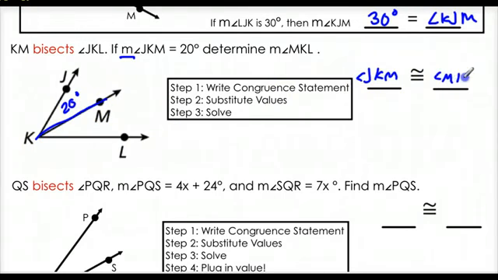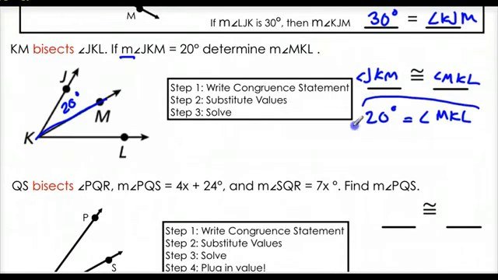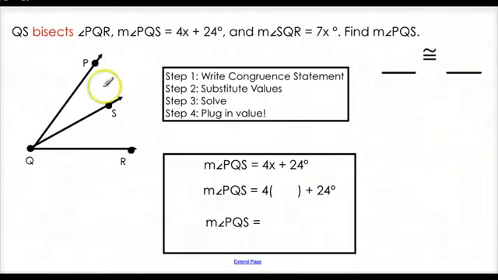Alright, angle MKL. It cut it in half, so this is congruent to this. Now I'm going to substitute my value. So if I know JKM is 20 degrees, I know that the measure of MKL also has to be 20 degrees. And it's already solved for us. And let's see if that makes sense. Well, if this is 20 degrees, this also must be 20 degrees because it's been bisected. Easy, done, we're the best.